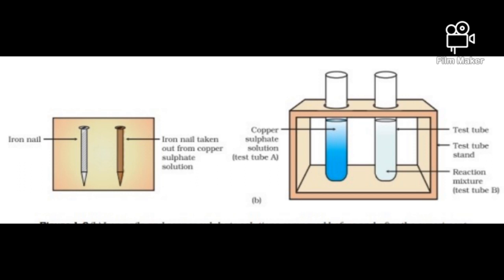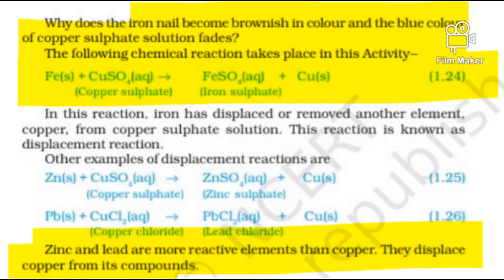There was a solution of copper sulfate and an iron nail was put into it. After some time, we observed that a brown color was there over the iron nail and the blue color of the copper sulfate had faded.